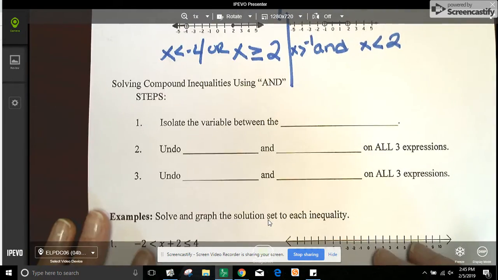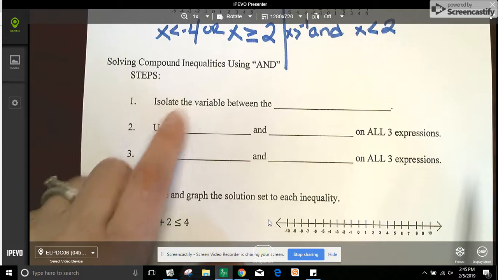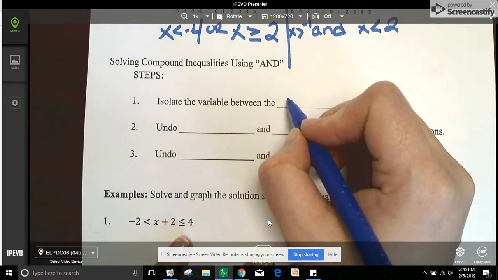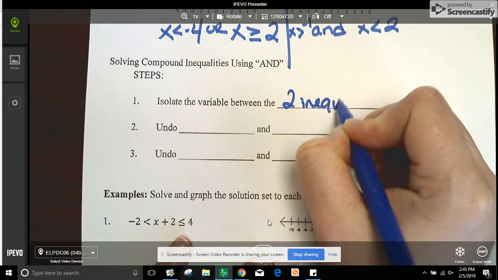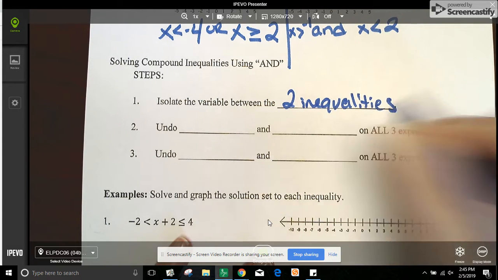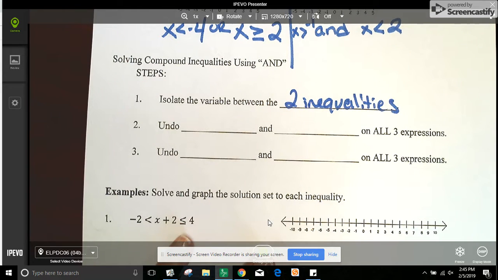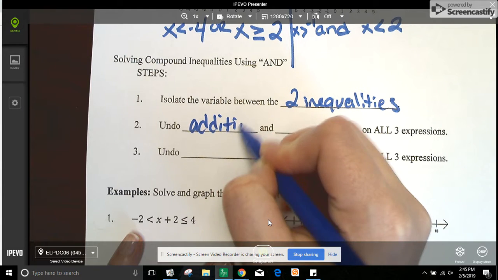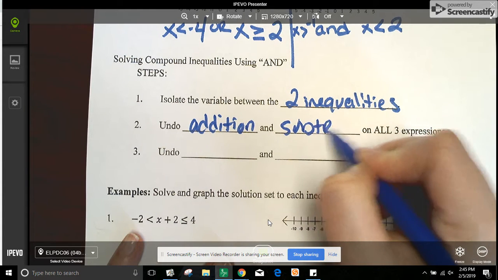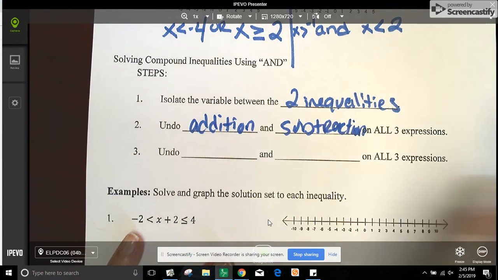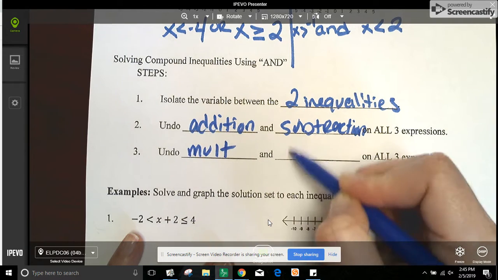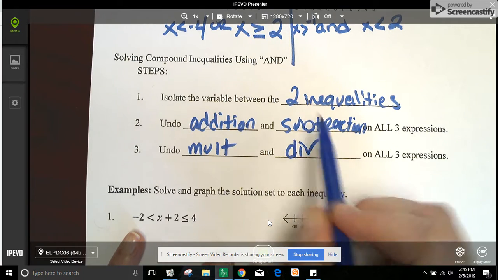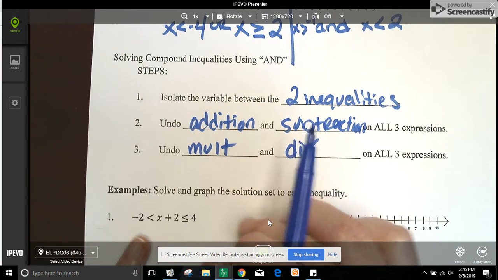So now we're going to get into some solving. What you want to do is isolate the variable between the two inequalities. You're going to undo the addition and subtraction first, and then we're going to undo the multiplication and the division, all from the center.